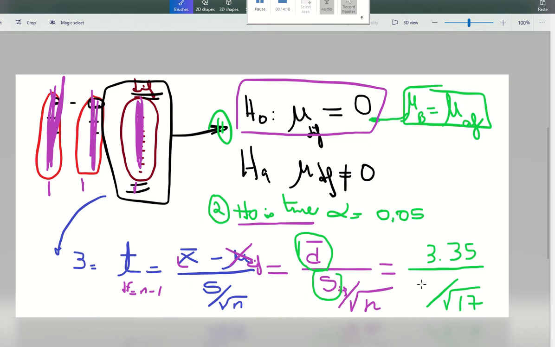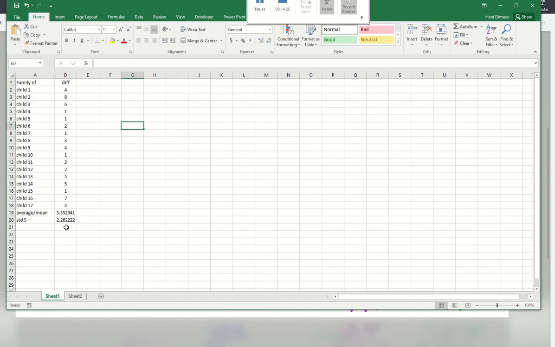First, I'm going to calculate the standard error, which is the standard deviation divided by the square root of 17. Then I'm going to calculate the t, which is the average divided by the standard error.